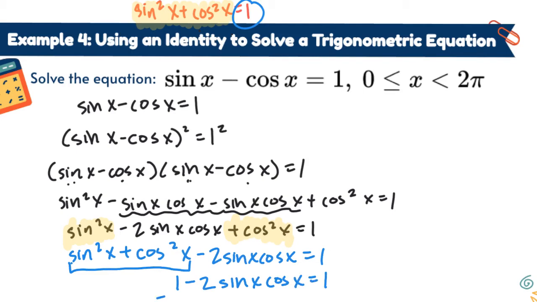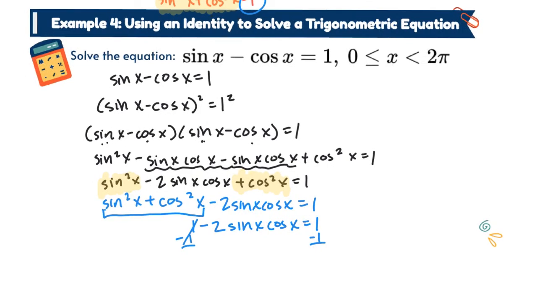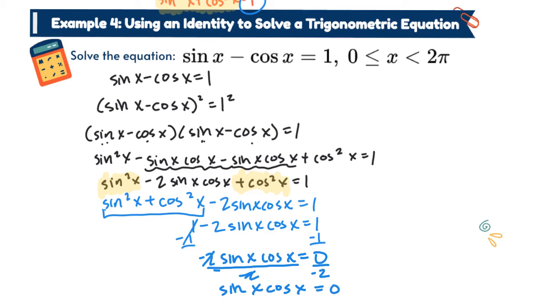Now I can subtract 1 from both sides. So I've got negative 2 sine x cosine x equals 0. And I can divide both sides by negative 2. So I've got sine x cosine x equals 0.